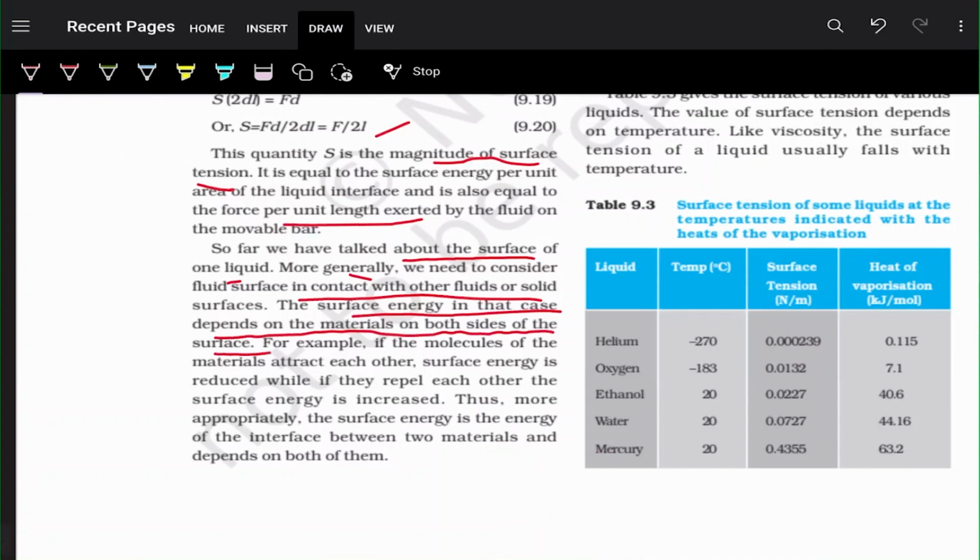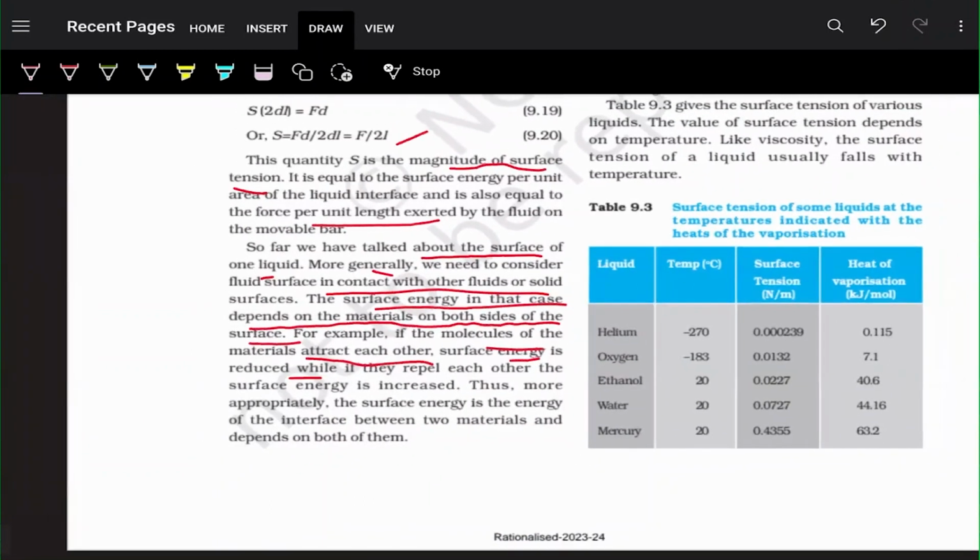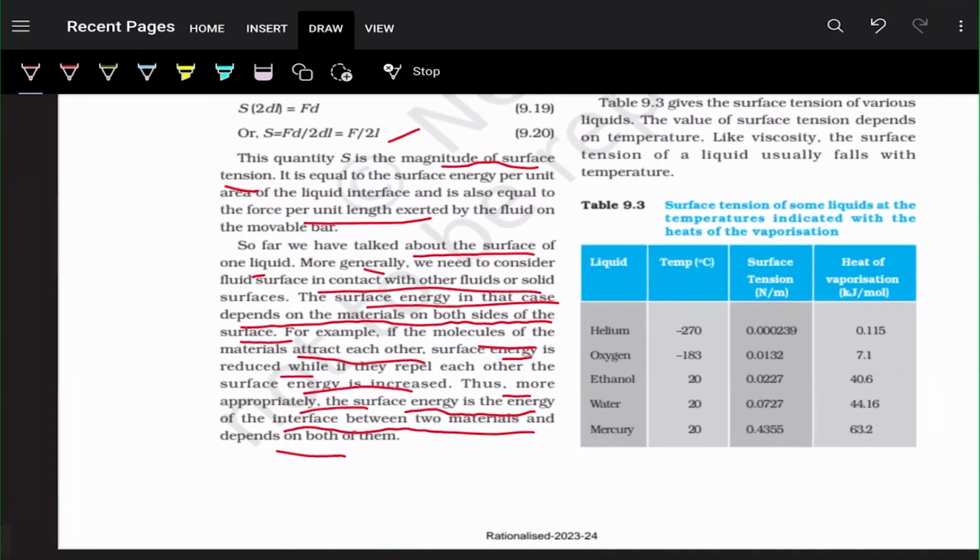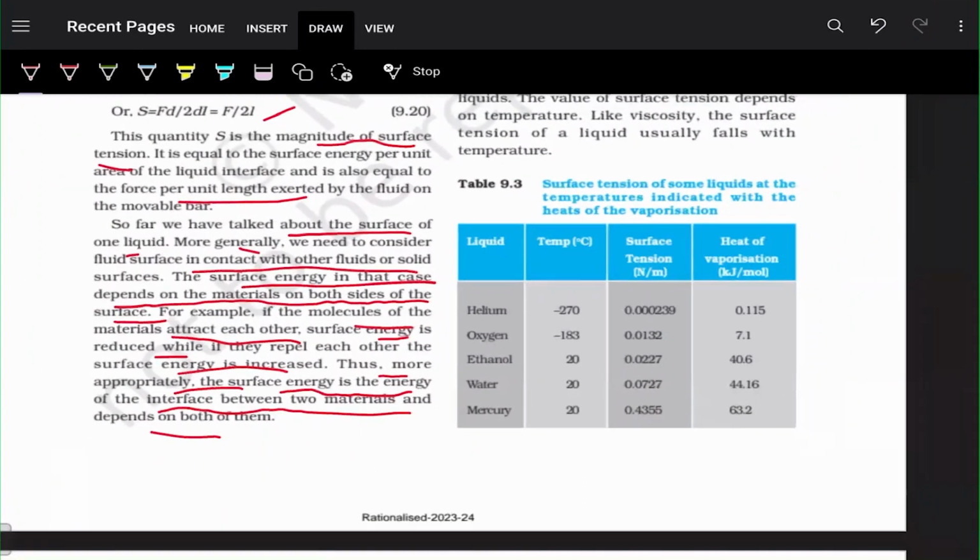For example, if the molecules of the materials attract each other, surface energy is reduced, while if they repel each other, the surface energy is increased. Thus, more appropriately, the surface energy is the energy of the interface between two materials and depends on both of them. That is very important.